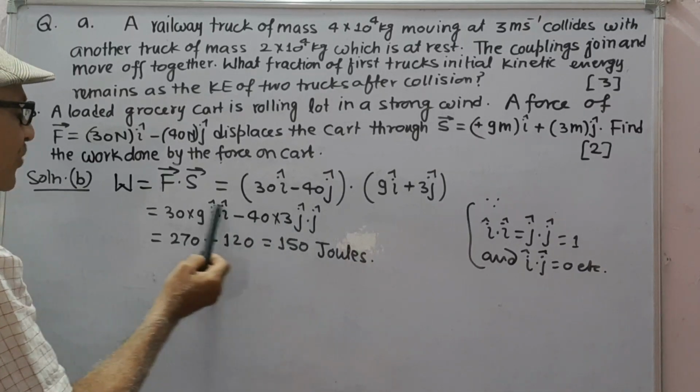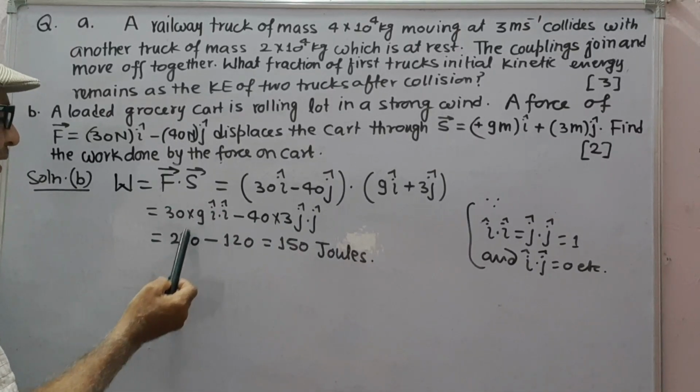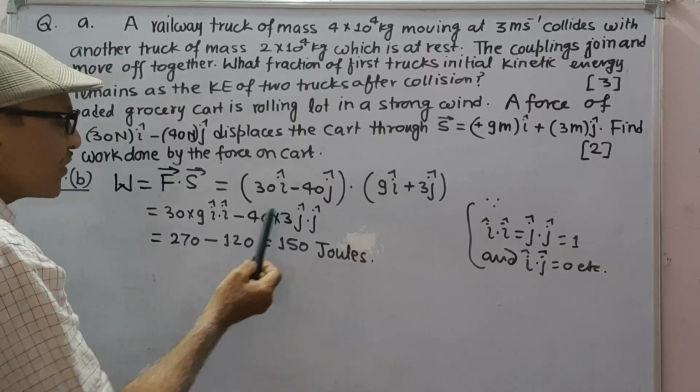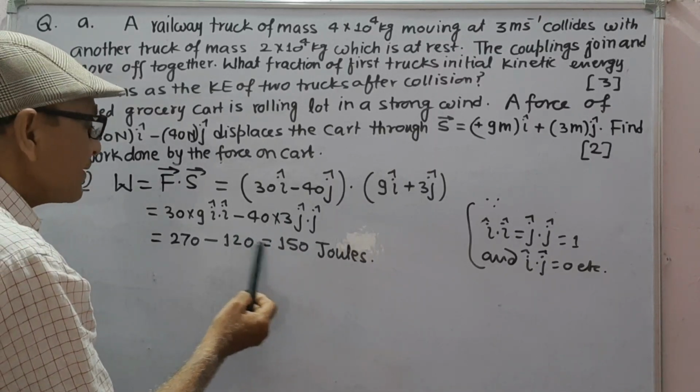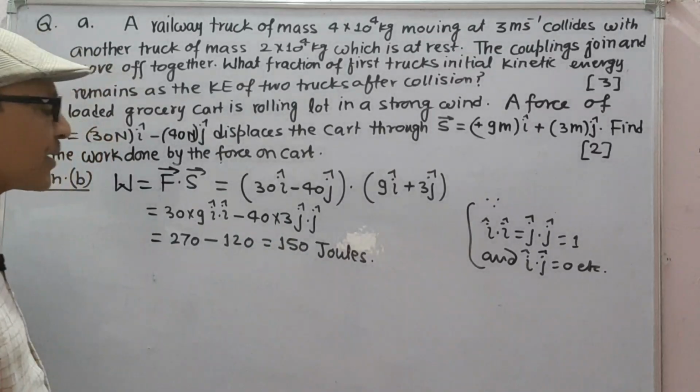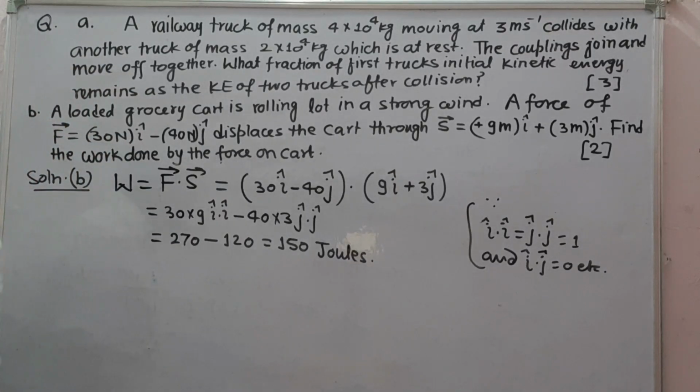This is 1 and this is 1. 30 into 9 is 270, 40 into 3 is 120. This gives the required work done as 150 joules.